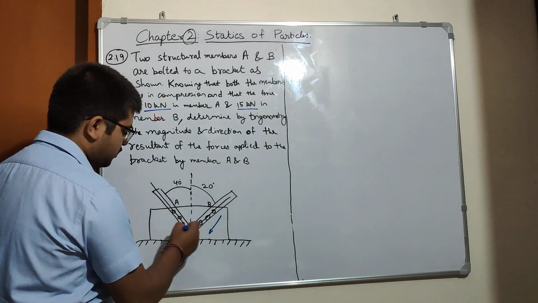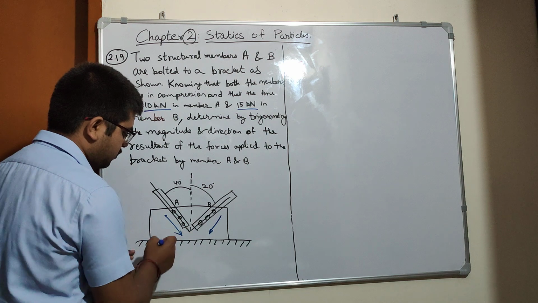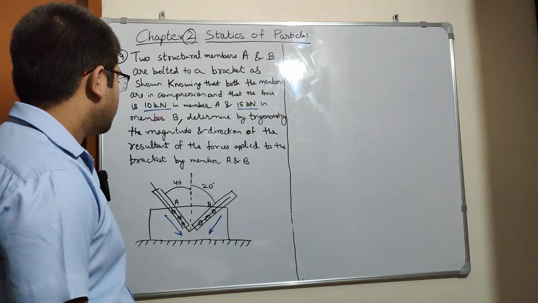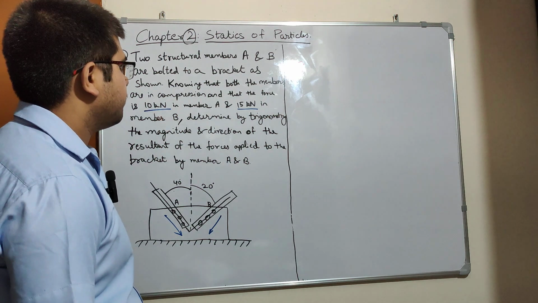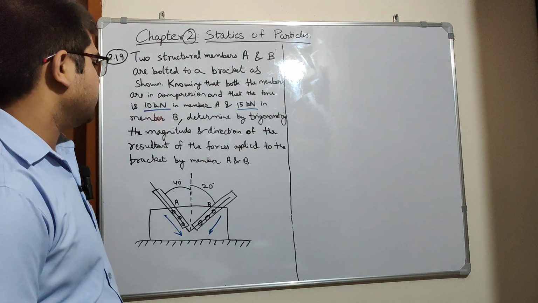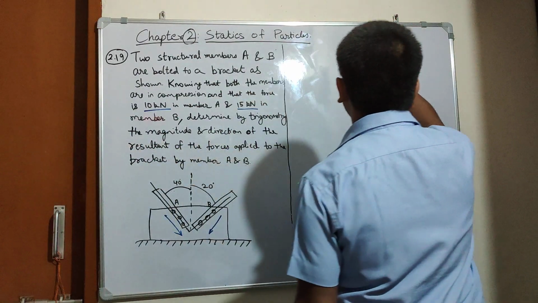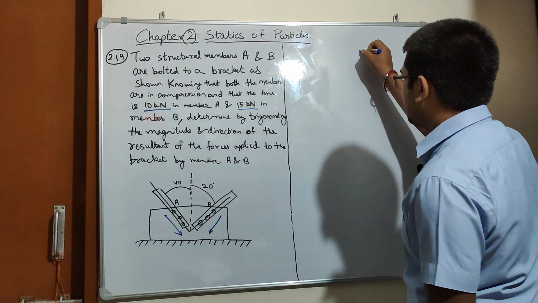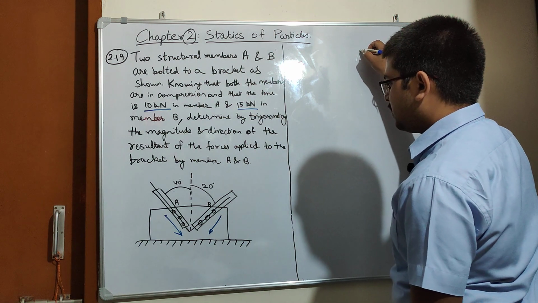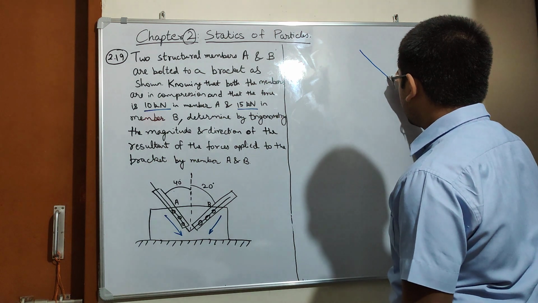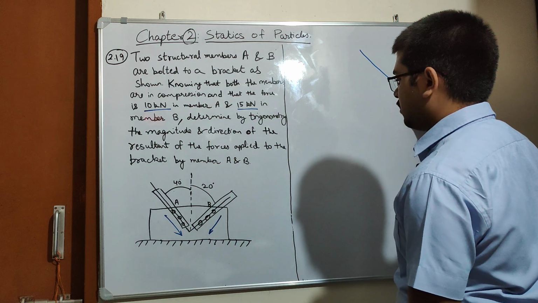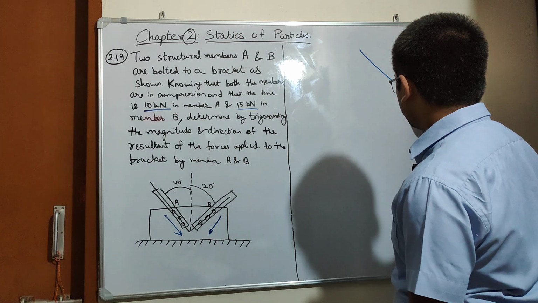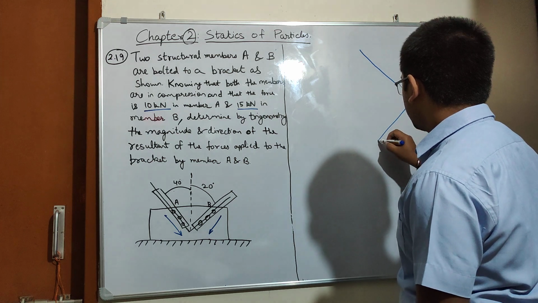One force is like this, one force is like this, and they both are in compression. So we can make a triangle like this. This is A vector, and this is B vector. B vector is like this.